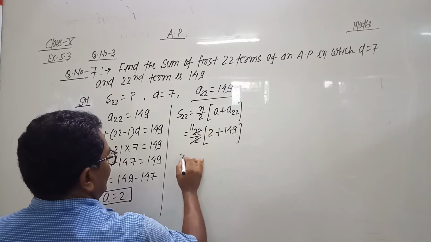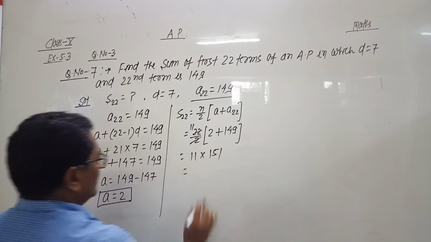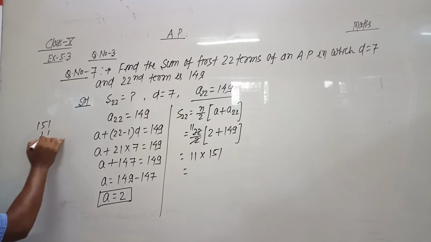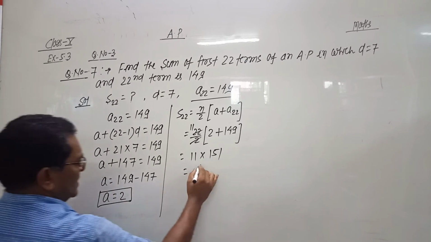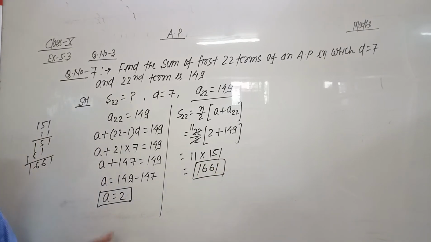It goes by 11. 11 into 151, so 151 multiplied by 11 is 1661. This is the sum, and the first term is 2.